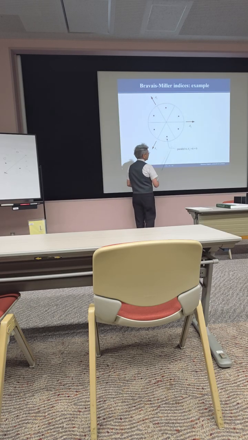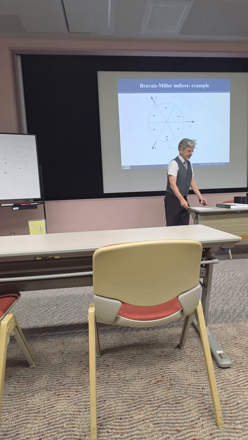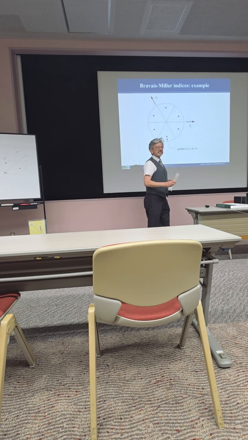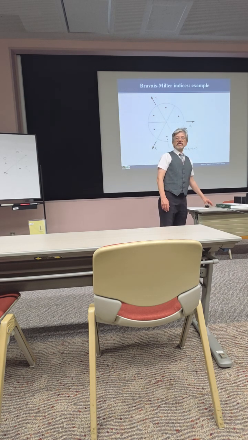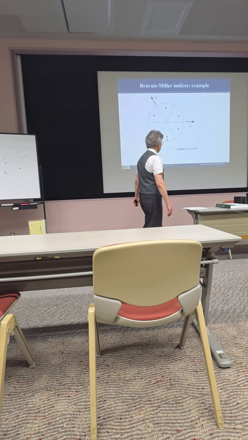This is a pole of a face that is parallel to A2. It is inclined to a certain degree, but it is parallel to A2. A2 is there, the face. All faces that are in this zone are parallel to A2. If it is parallel, they do not intersect, so the index is 0. So we have K equals 0.